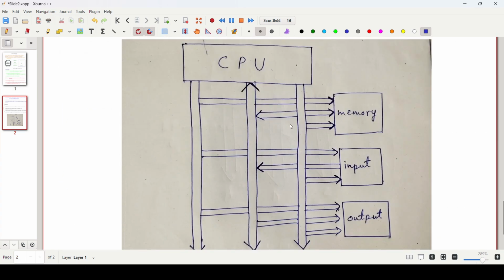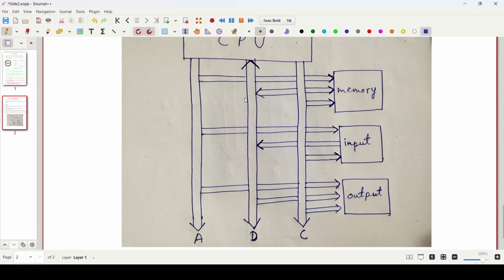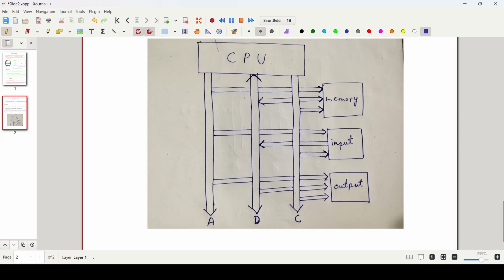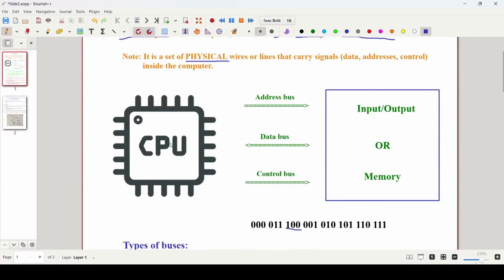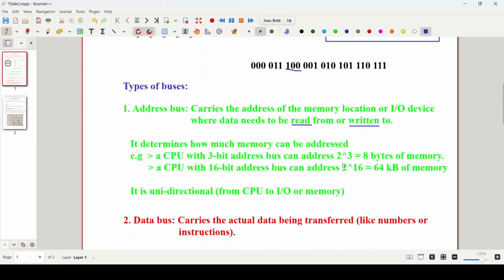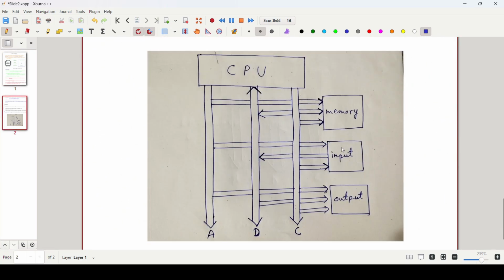Now let us understand this figure. This figure is between the CPU and the memory or the input output. The directions are the same as before. This is the control bus, this is the address bus, and this is the data bus.